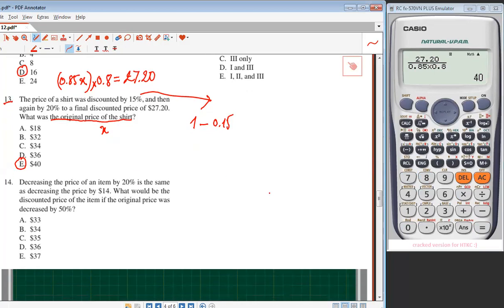Question number 14. Decreasing the price of an item by 20% is the same as decreasing the price by $14. What would be the discounted price of the item if the original price was decreased by 50%?